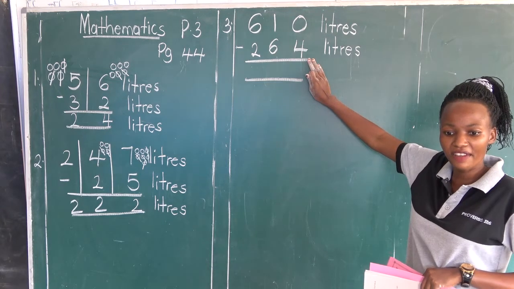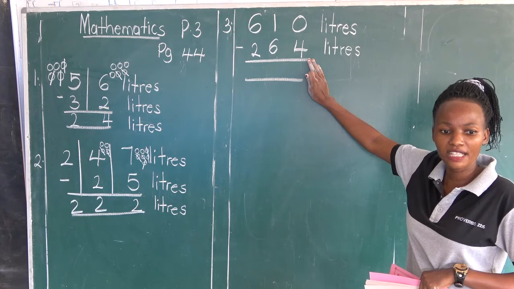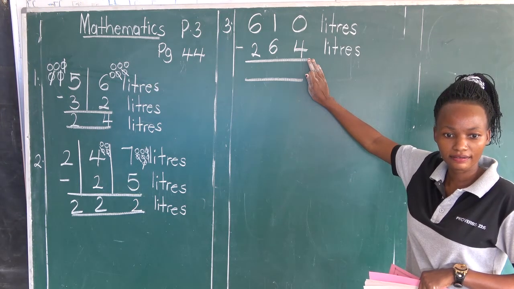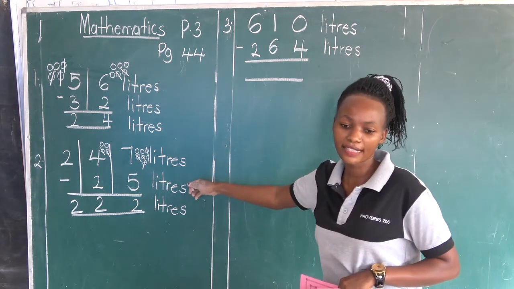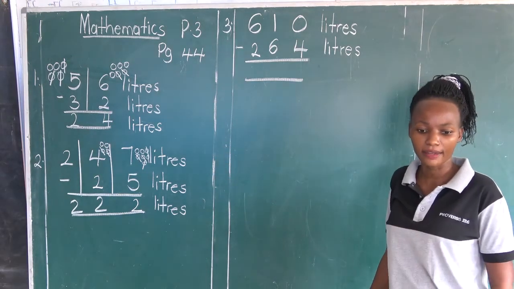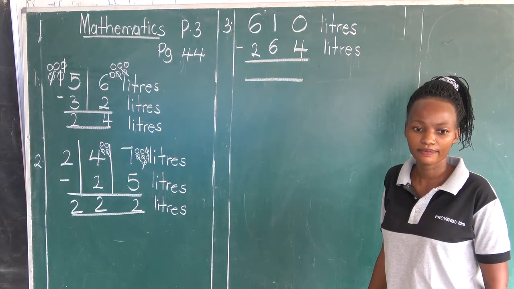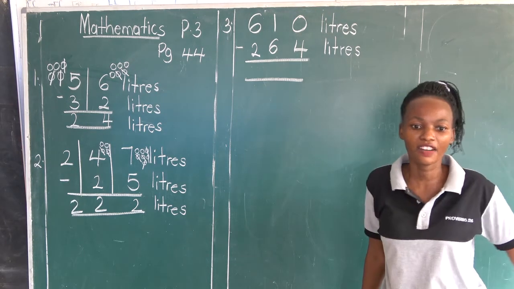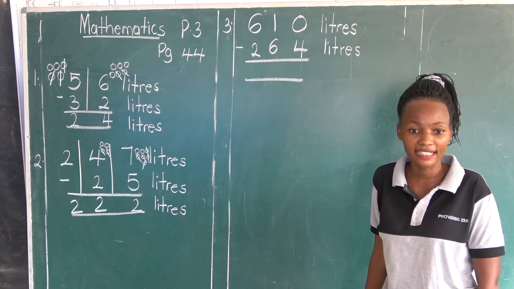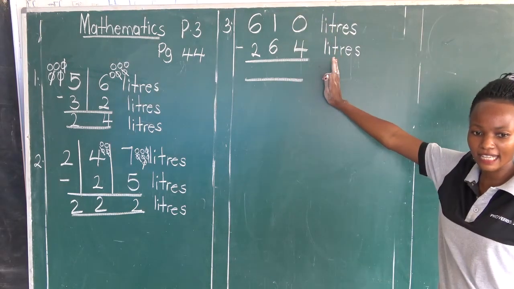Those who are still answering number 2, do it faster. We go to number 3 together. If you're already on number 3, put up the hand I see. Wow. Now let's start. Let's go step by step.